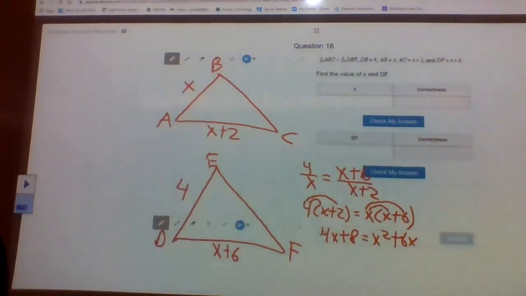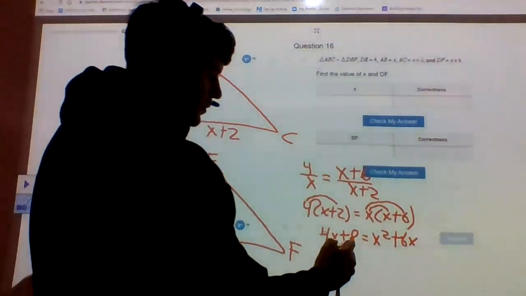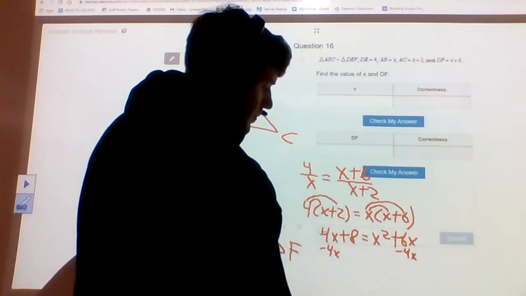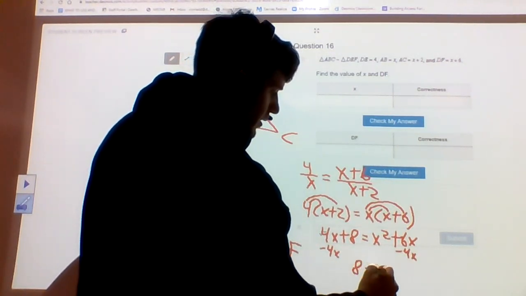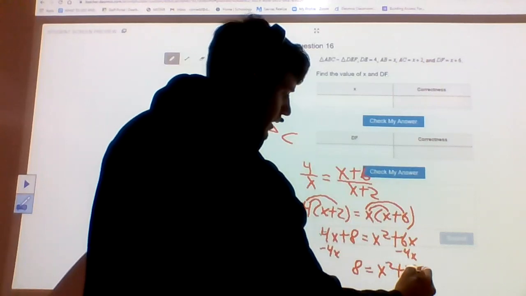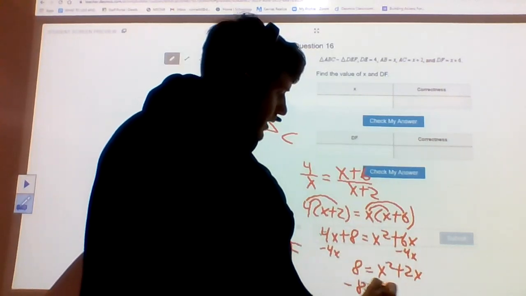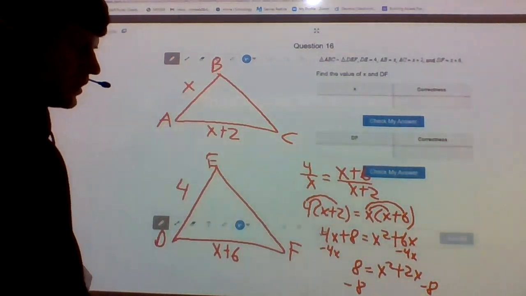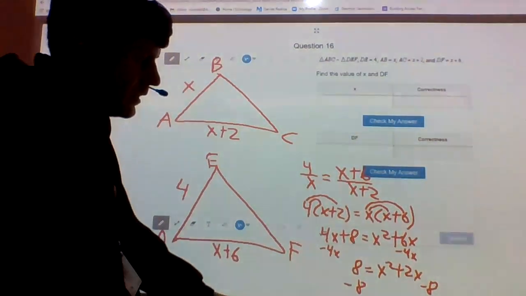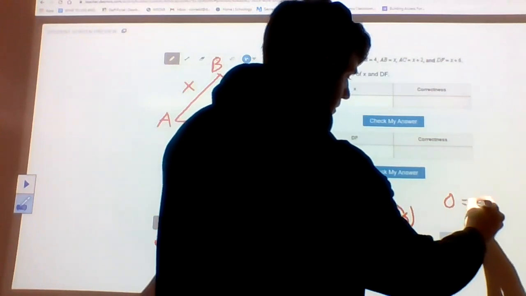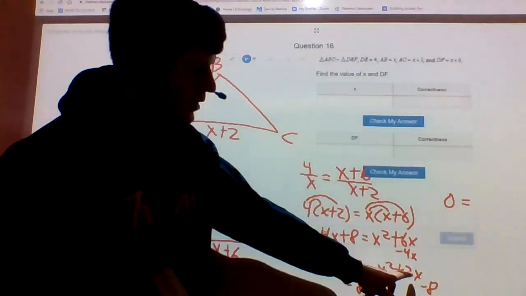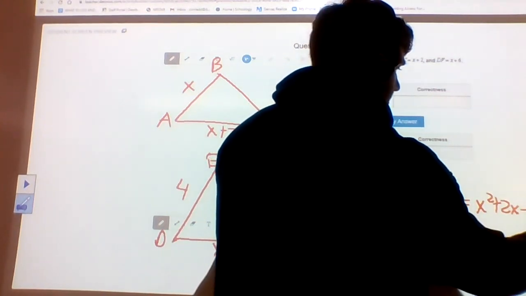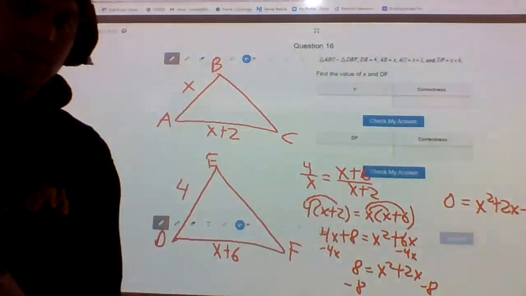We want it to be equal to 0. So I'm going to subtract 4x from both sides. That's going to give us 8 equals x squared plus 2x. And then I'm going to subtract 8 from both sides. We could have done that in one step, but that's all right. And so we get 0 on the left, and we get x squared plus 2x minus 8.